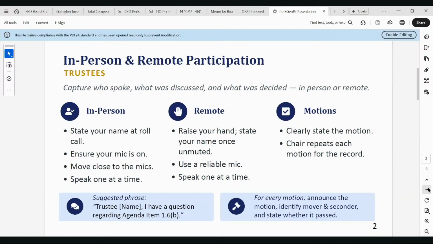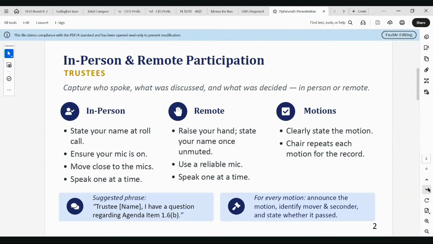So as a trustee, I think it's important to recognize that we have in-person and remote participation. You'll notice that Amanda stated her name and role when she gave the previous update, which I failed to do when I started this update. So John Flynn, CEO. Ensure your mic is on.